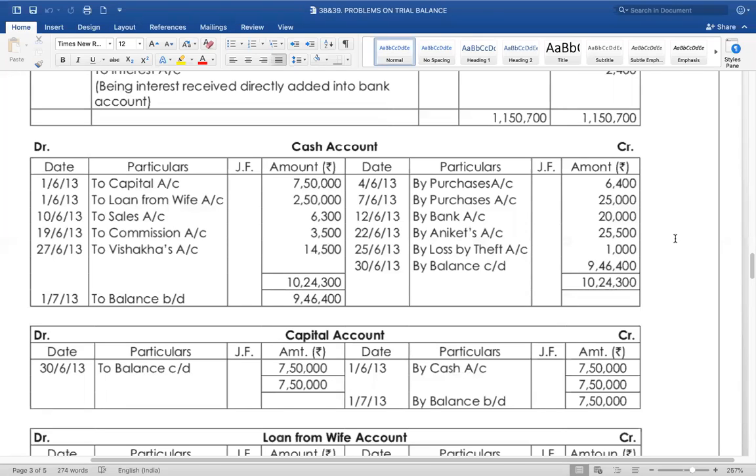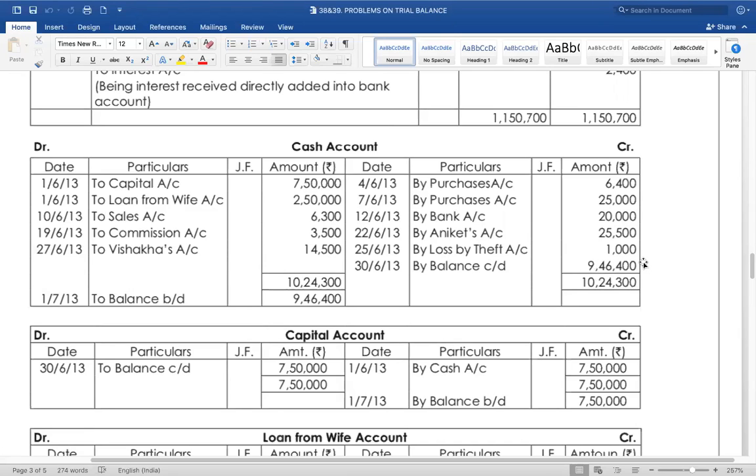All this is removed from 10 lakhs 24,000, and you get a difference of 9 lakhs 46,400.